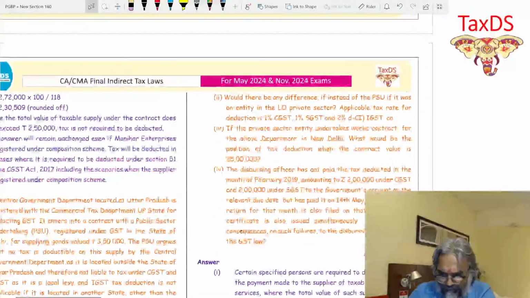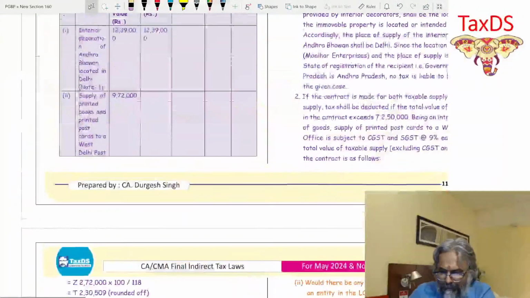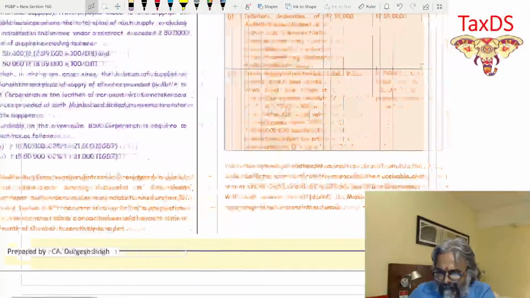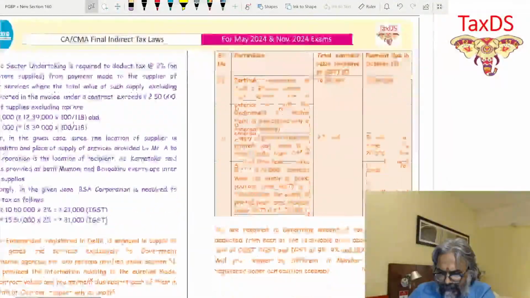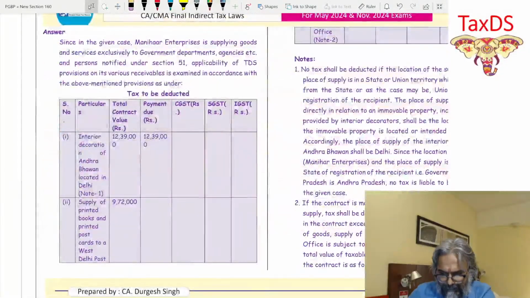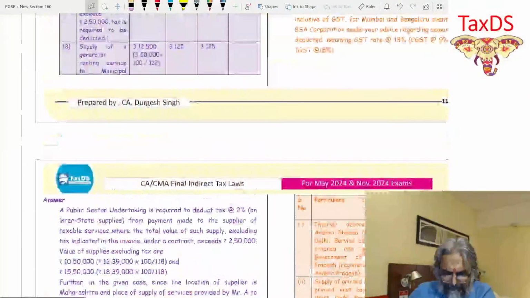Question number 15, students, I'm giving it to you. Let's stop here off TDS, the next provision itself.